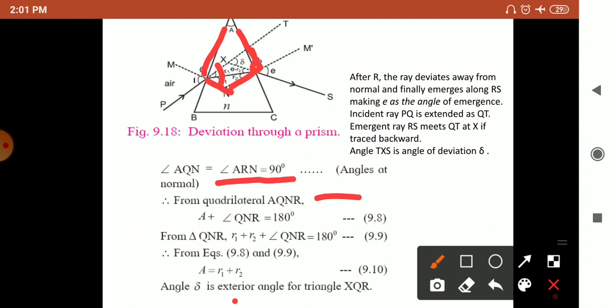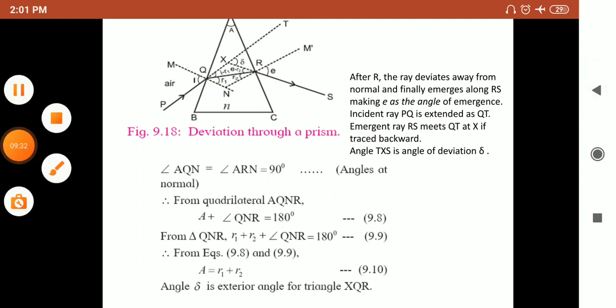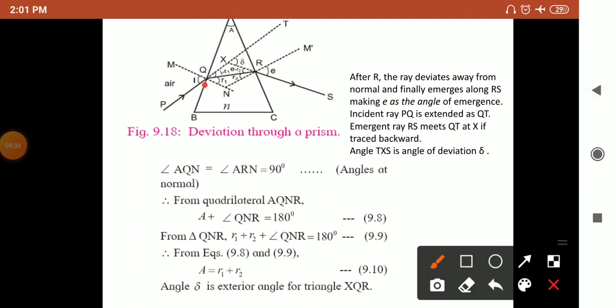From this quadrilateral AQNR we get the relation A plus angle QNR is equal to 180 degrees. Then from this triangle QNR, we get r1 plus r2 plus angle QNR equal to 180 degrees.